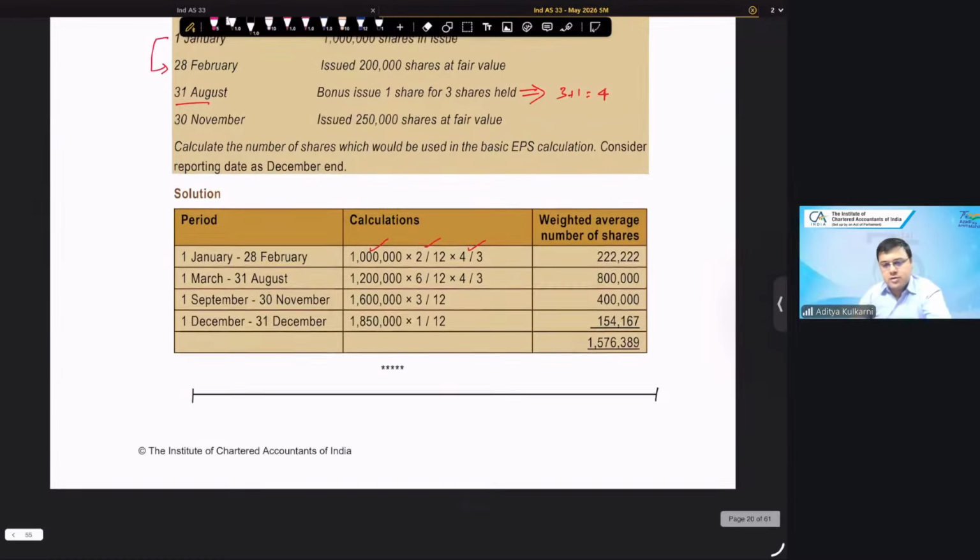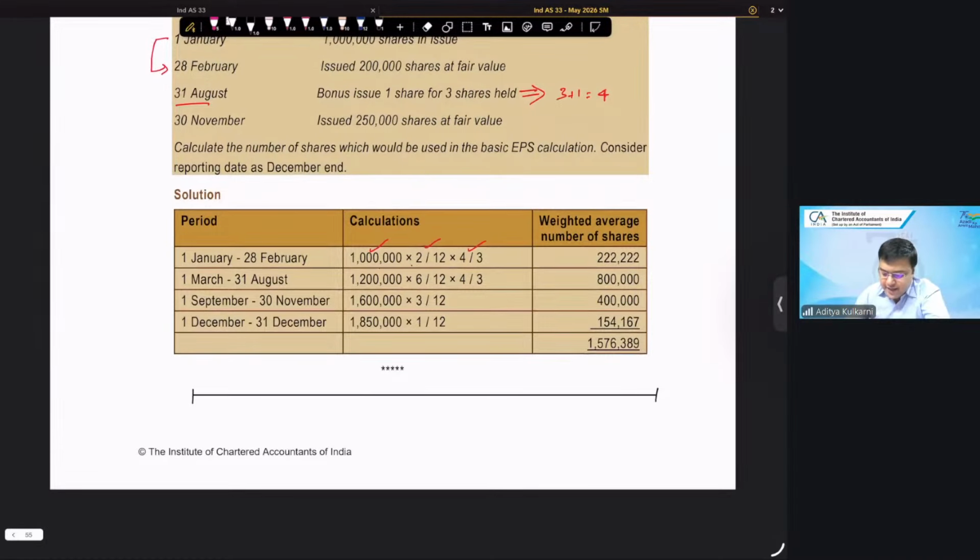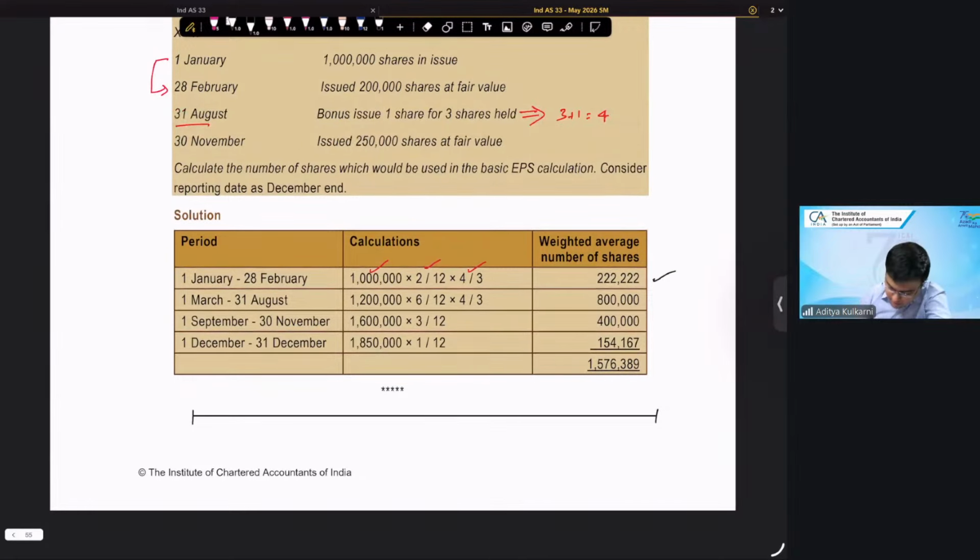Okay. So you will have 10 lakhs into 2 by 12 into 4 by 3, 2 lakh 22,222. So this is the first set for the 2 months. Okay. So you start off with 1st Jan, then you have 28th Feb, then I'm having 31st August, then I'm having 30th November and 31st December.